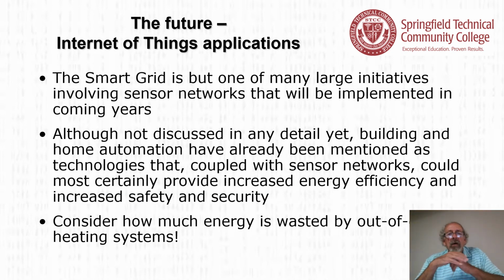So the smart grid is but one of many large initiatives involving sensor networks that will be implemented in coming years. So although not discussed in any detail yet, building and home automation have already been mentioned as technologies that, coupled with sensor networks, could most certainly provide increased energy efficiency and increased safety and security. You might consider how much energy is wasted by out-of-date heating systems.